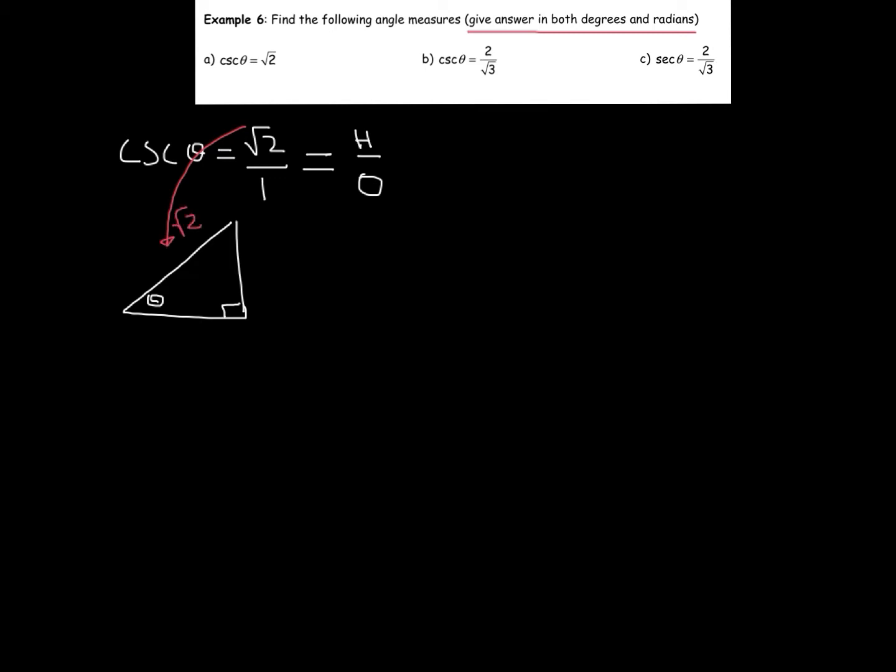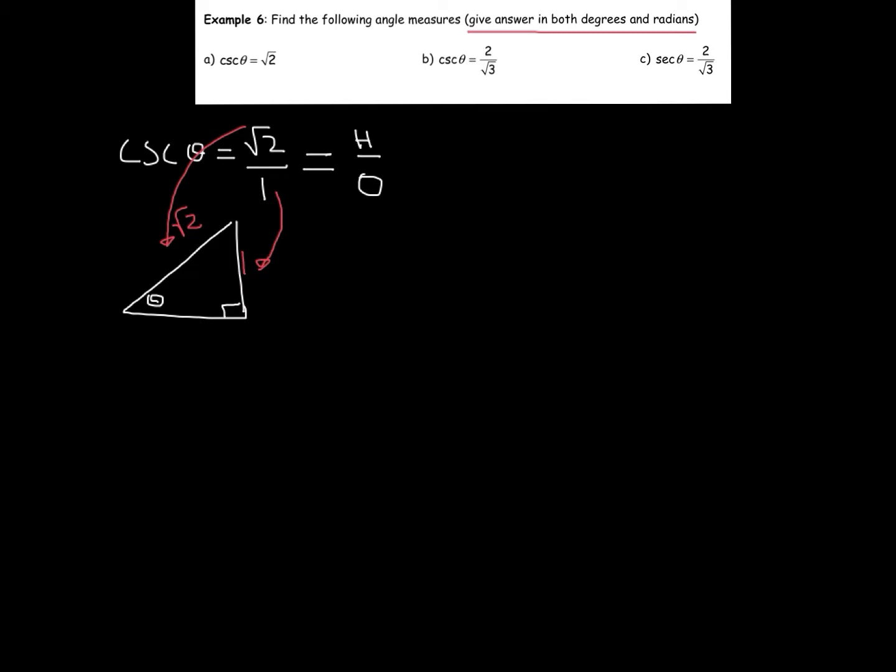And 1 goes right there because that is the opposite side. Looking at this triangle, you remember something we did earlier in this video. Which of the two main triangles that we have studied have sides with 1 and root 2?